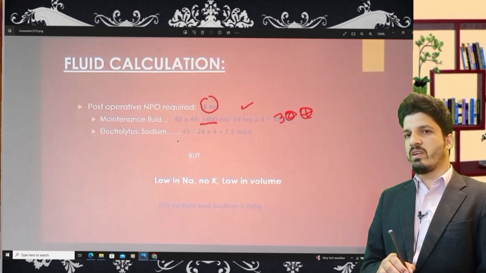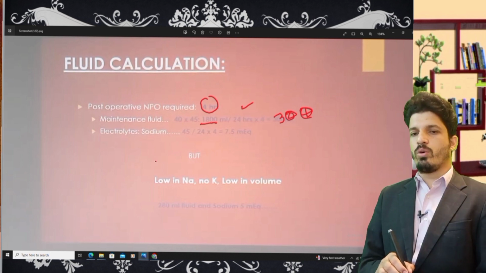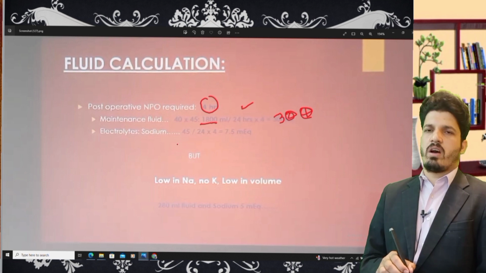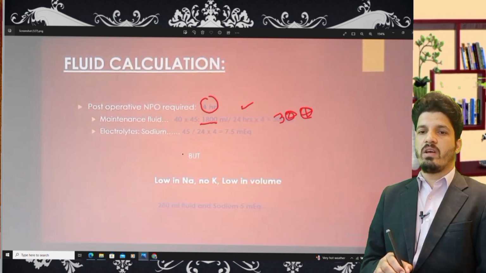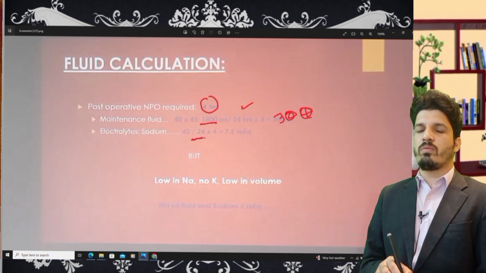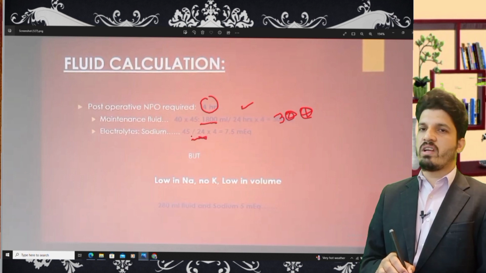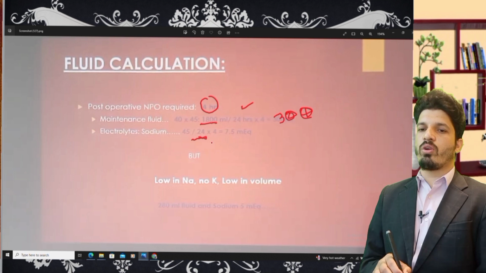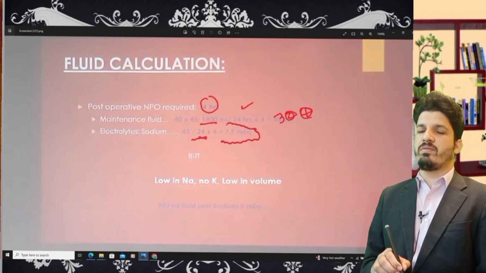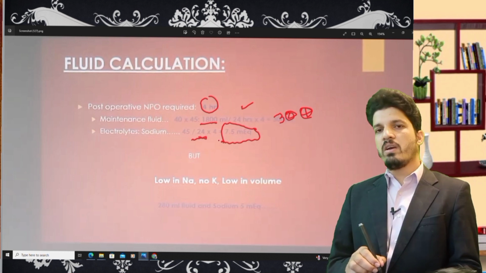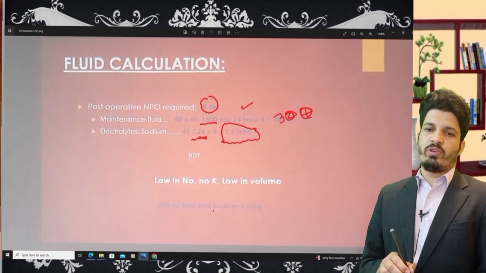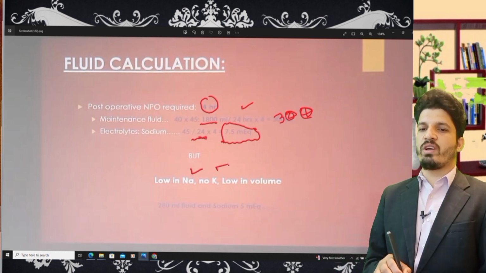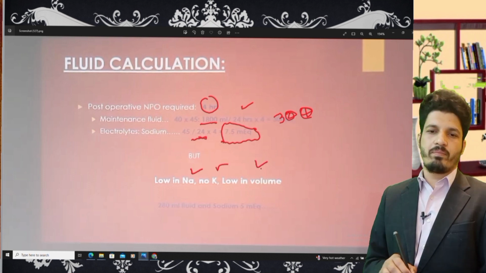And for the electrolyte sodium, the value is 1 milliequivalent per kg. So for a patient of 45 kg it will be 45. We will divide it by 24 to get the value in 1 hour, and we will multiply it by 4 to get the value in 4 hours, 7.5. But again the golden rule: it should be low in sodium, there should be no potassium, and it should be low in volume.